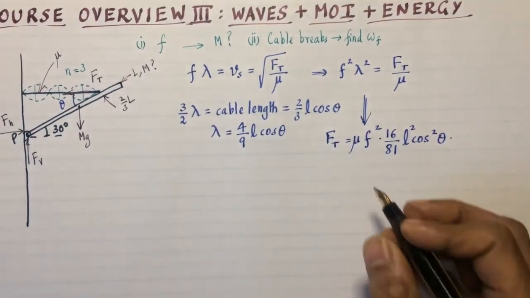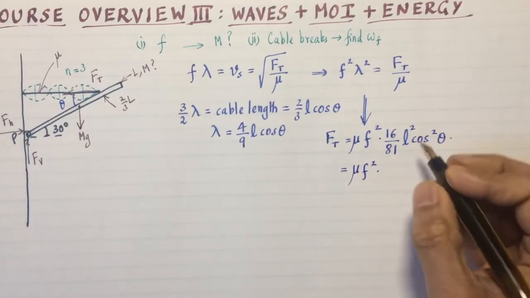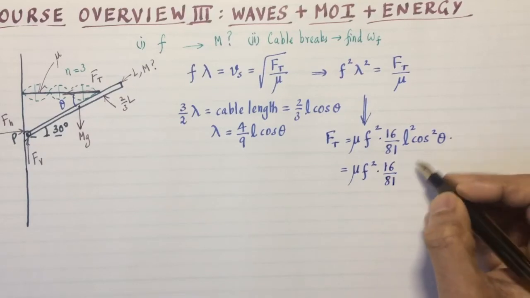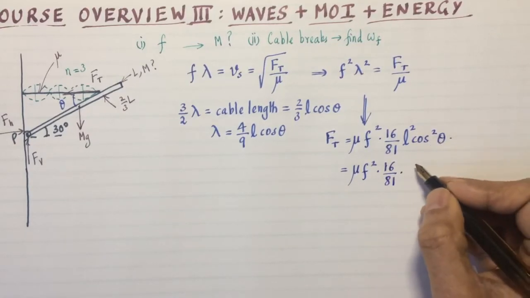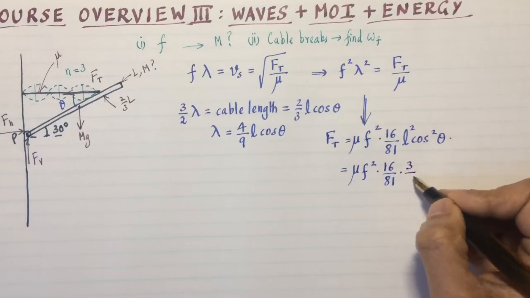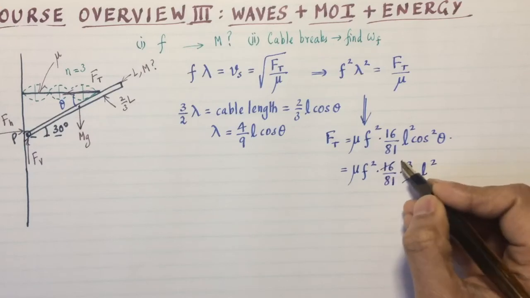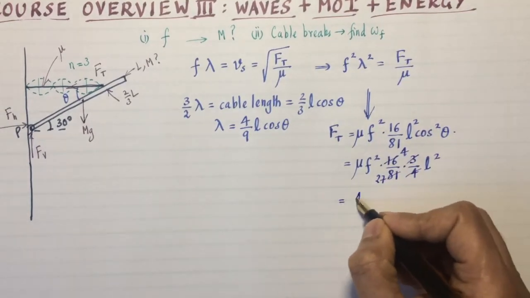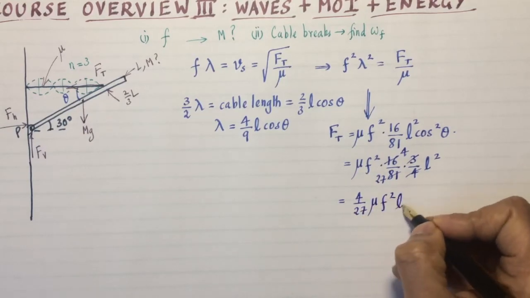Impressive looking thing. So let's put the value of cosine theta here. Cosine theta is √3/2 for 30 degrees. So cosine squared theta is just 3/4. So that gives me 4 divided by 27 mu f squared L squared.